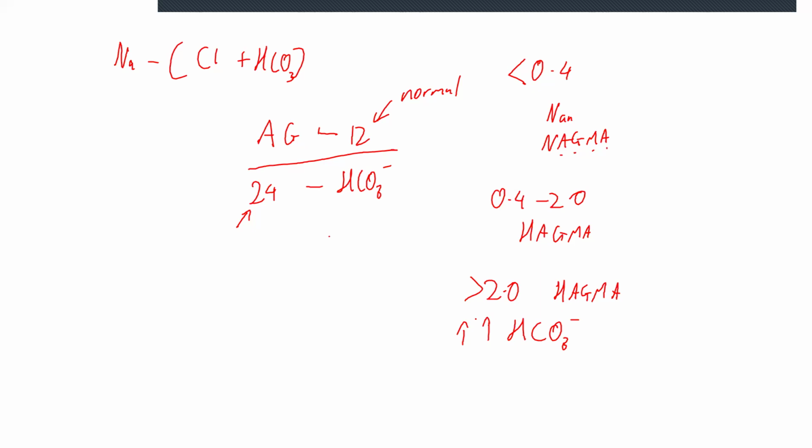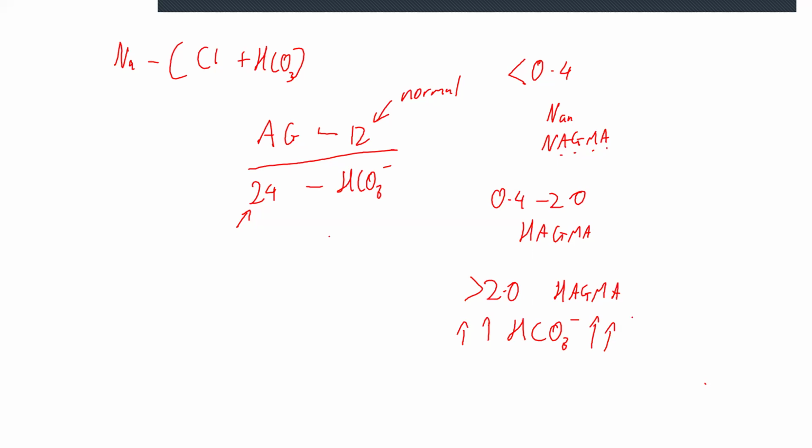But that's something you'd see in the compensation anyways. The other case where it can happen, and this is the more important one that I want you to focus on, is if you have a pre-existing metabolic alkalosis and you start to develop a metabolic acidosis on top of that. The metabolic alkalosis is going to push the bicarb up very high.